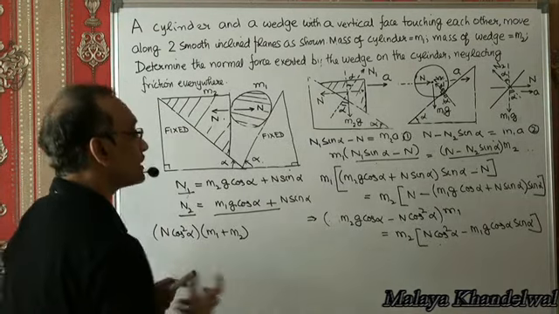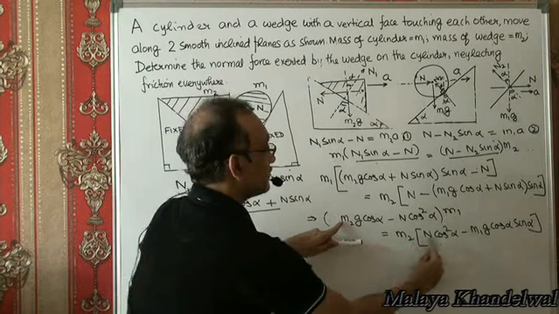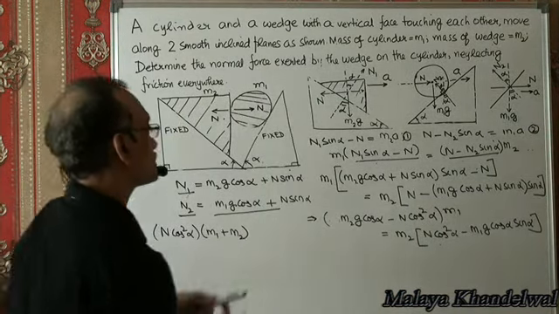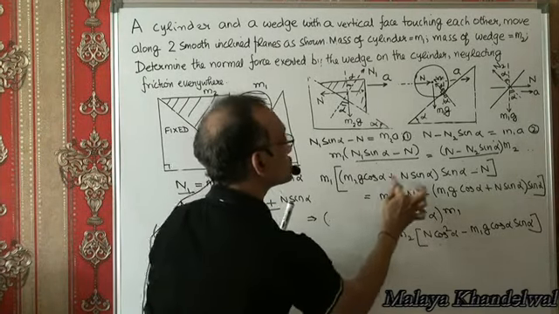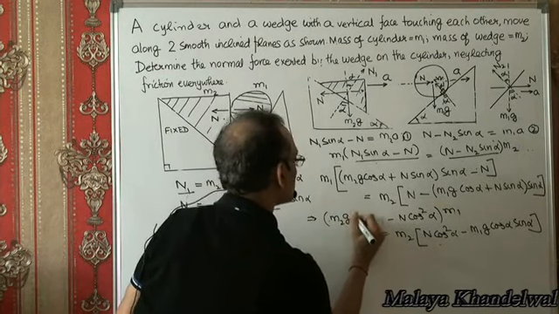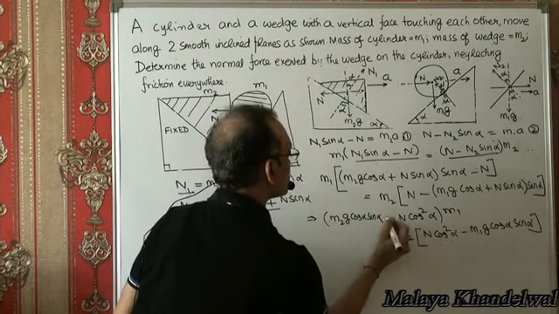Then there is m2g cos alpha sin alpha. I'm sorry, I'm goofing up a little bit. Let me fix the algebra.